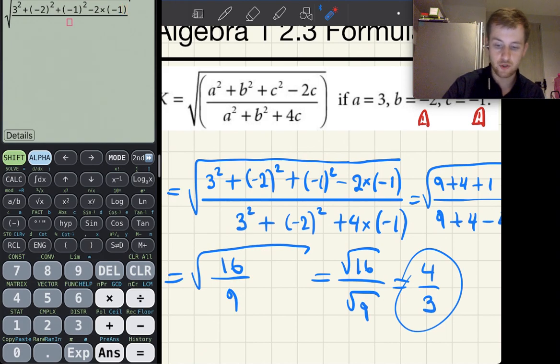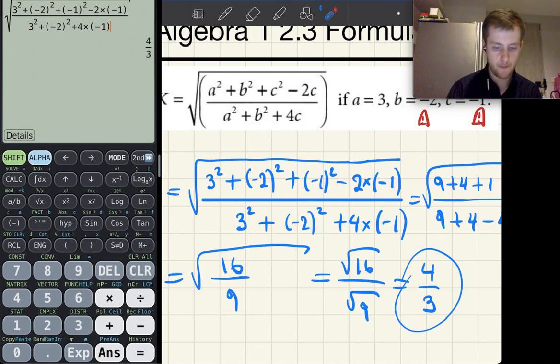Remember that if there's no sign, like here 2c, it means that it's multiplication. Okay, and finally, all of this divided by a squared, so again, 3 squared plus b squared, so -2 squared, and finally plus 4c, so plus 4 times, again, -1.